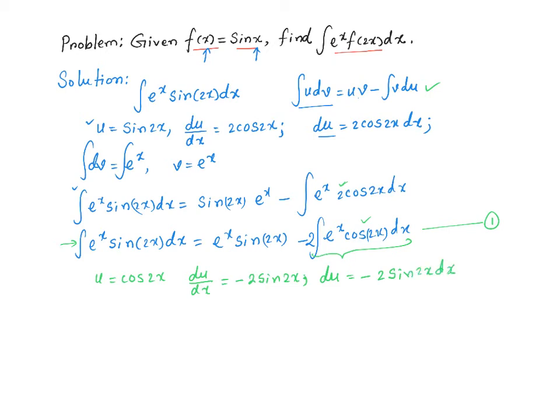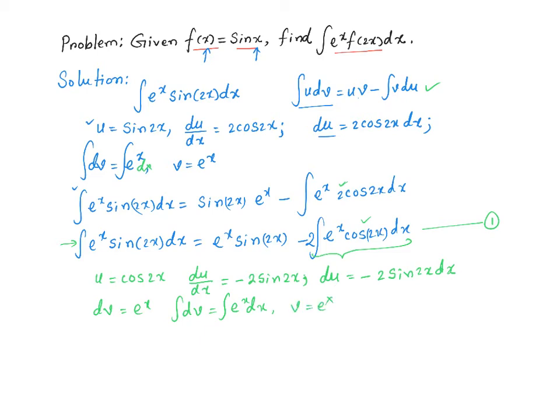My dv as usual is e to the power x dx. There is technically a dx here, I forgot to put it there. And I get v is equal to e to the power x.